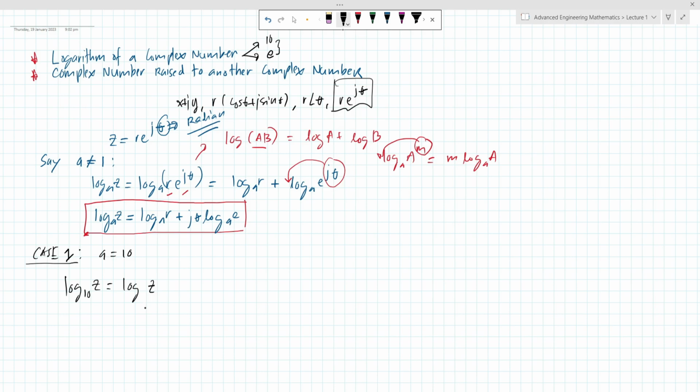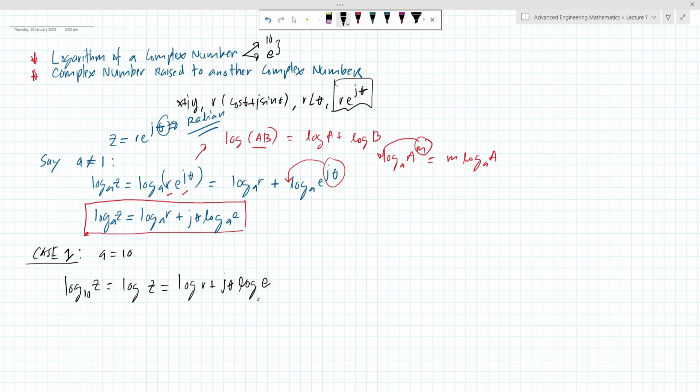Understood, if it is not written, the base is 10. So if a is 10, this expression will become log of r plus log of e, and then j theta.